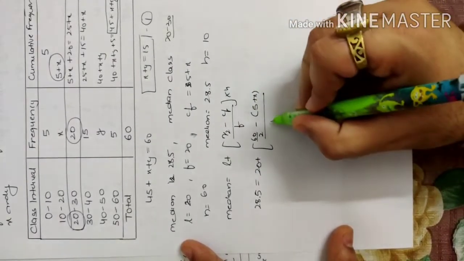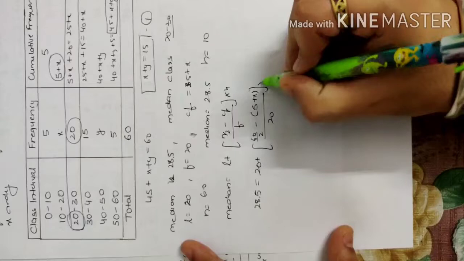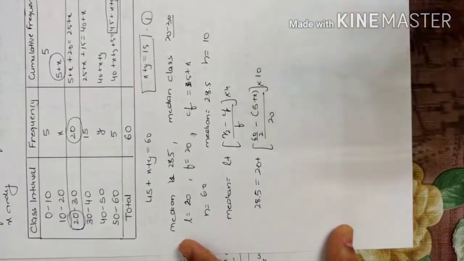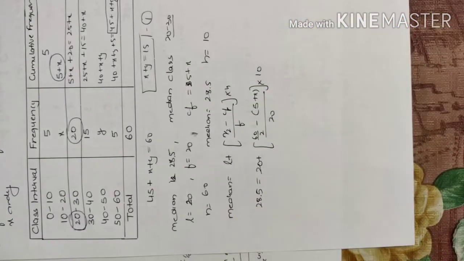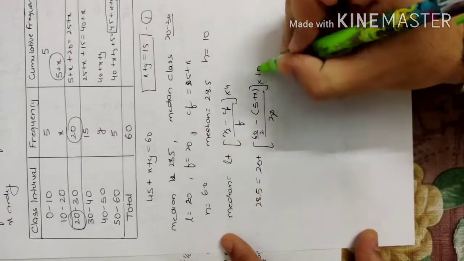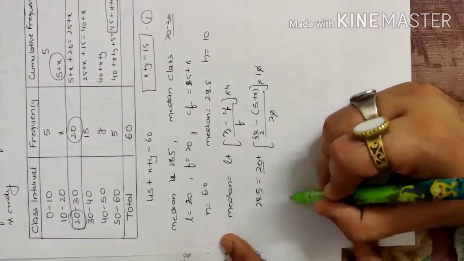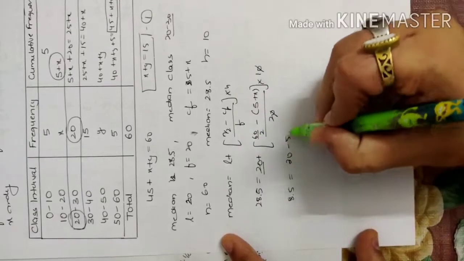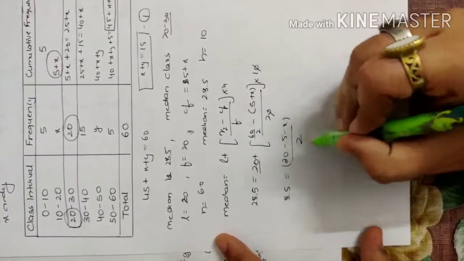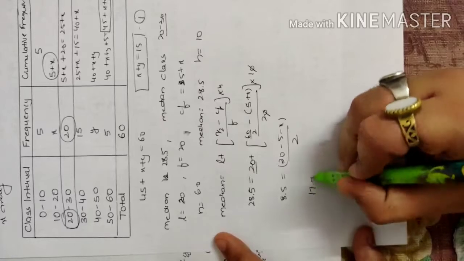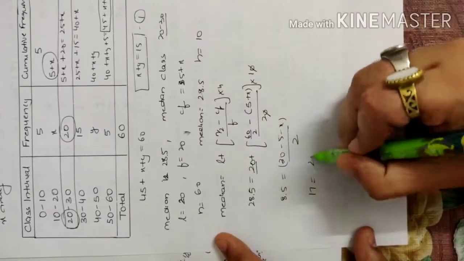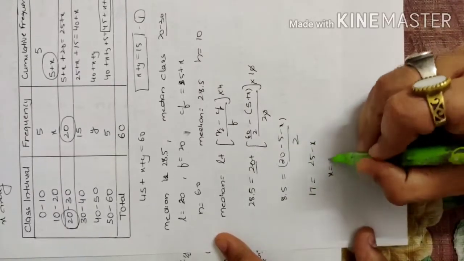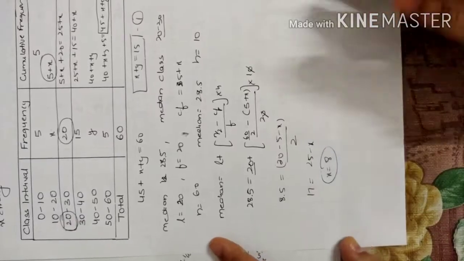Remember to put the brackets. Frequency is 20 and height is 10. So first cancel this, subtract 20 from here, this will become 8.5. 30 minus 5 minus x over 2, multiply 2 over here, this will become 17 and this will become 25 minus x, so you can calculate x as 8 from here.